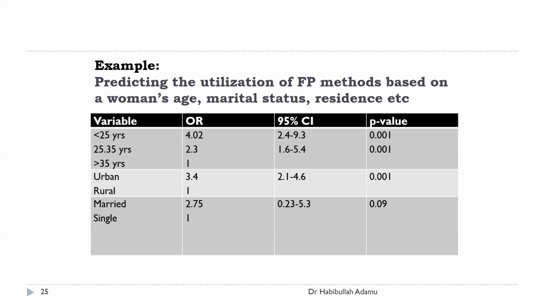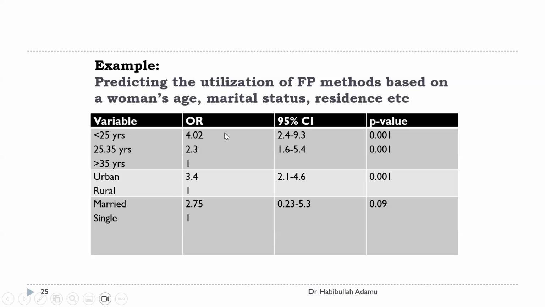The example is predicting the utilization of family planning method based on woman's age, marital status, and residence. These were the three factors that were looked at to see whether any of them could be a predictor of utilization of family planning.